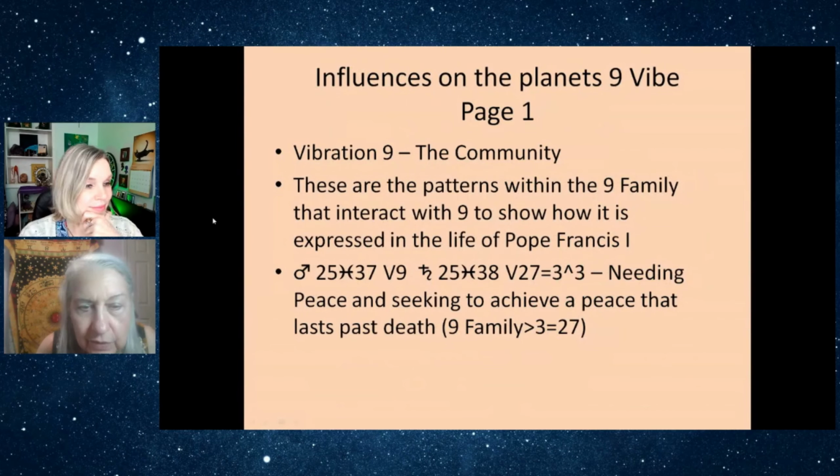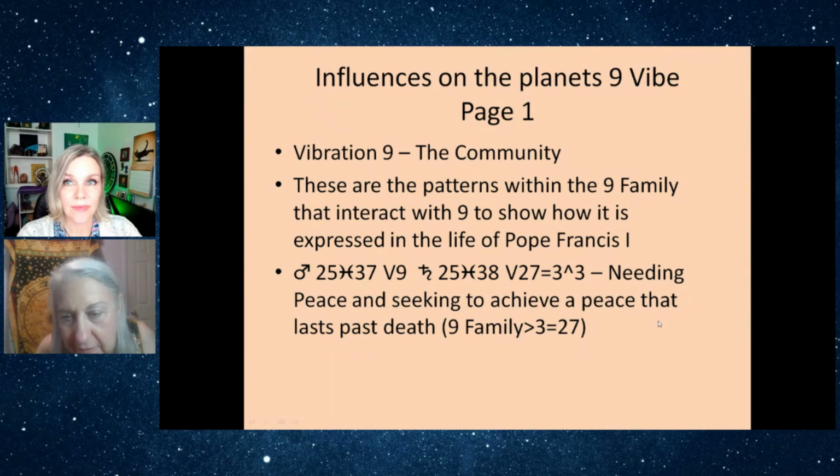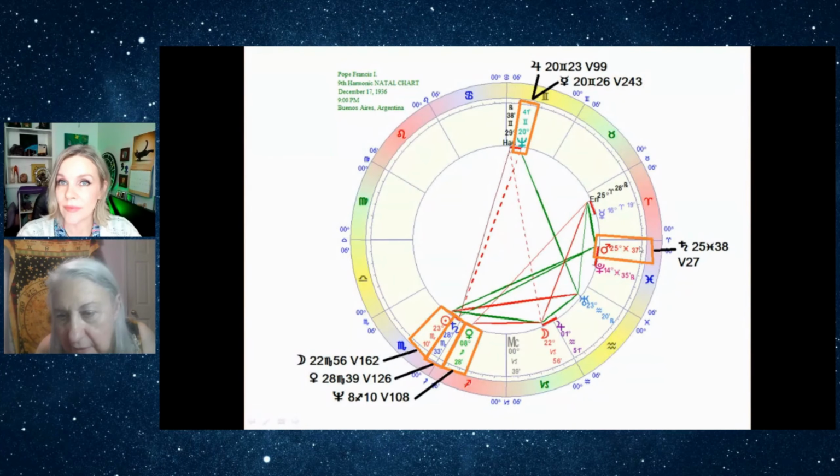Okay, so the first one is the Mars to Saturn, needing peace and seeking to achieve a peace that lasts past death. All right, so that's the Mars Saturn here. And now we're going to just consider this Mercury Jupiter for a minute, just to practice the meanings, even though it's not as emphasized, since it doesn't have two other planets relating to it.